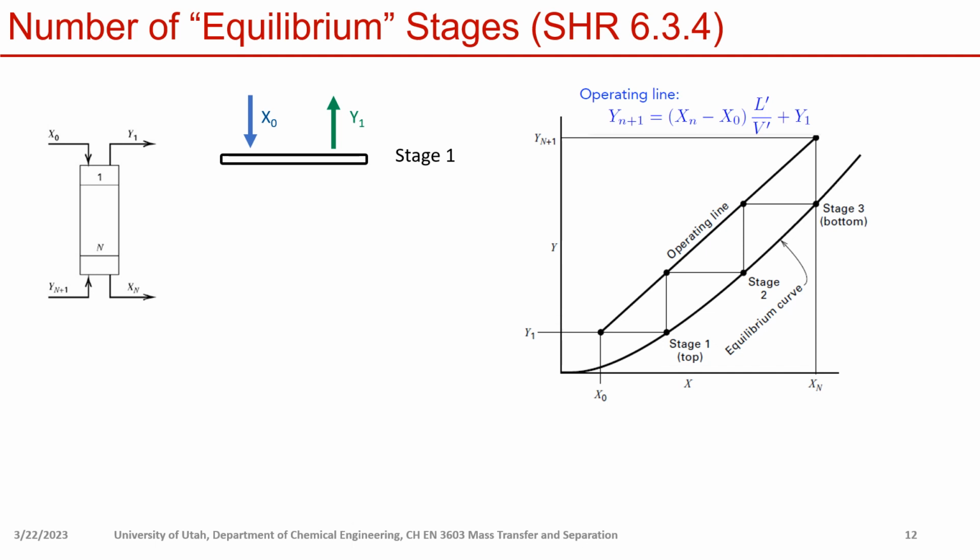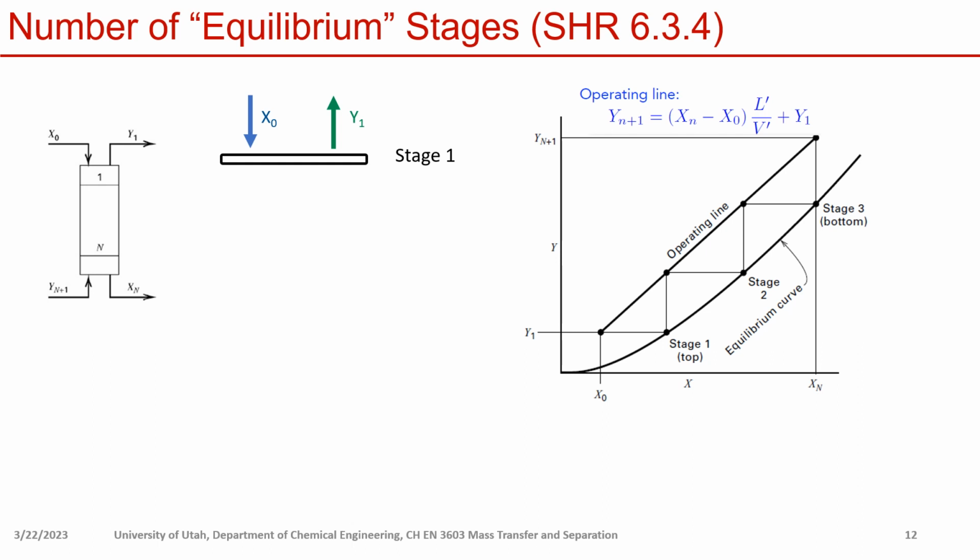Again, we know this point, and if we know the L prime and V prime, we can draw this operating line, right? And we know that that's the composition of the gas stream coming into the tower. Okay? Now, how many equilibrium stages do we need to achieve this desired separation outcome? Okay.